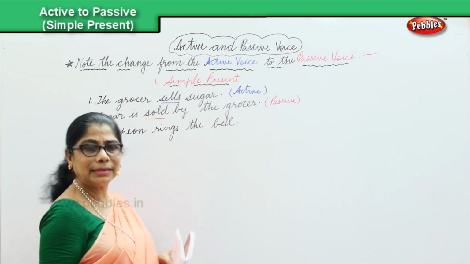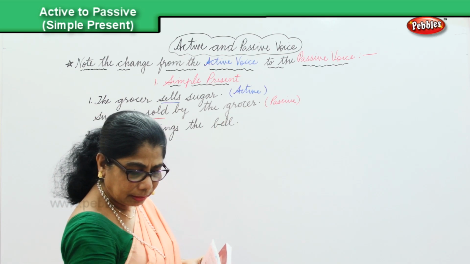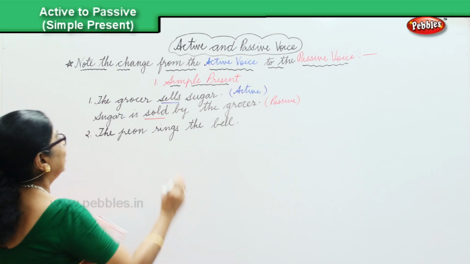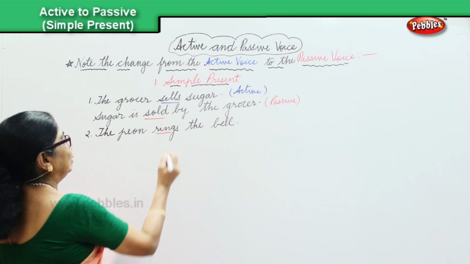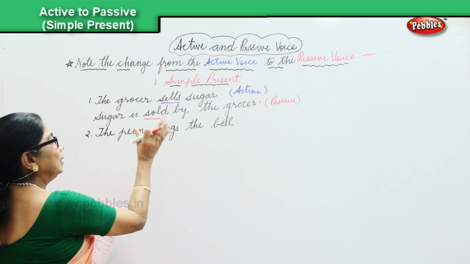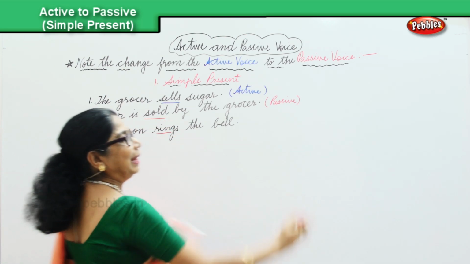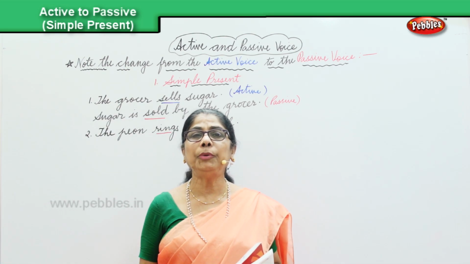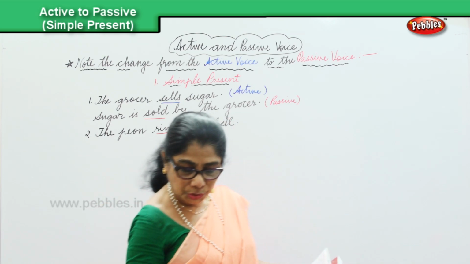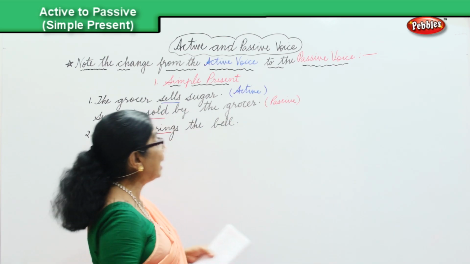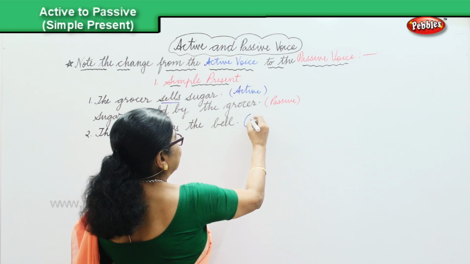Rings, that's the verb here. The peon rings the bell. Subject peon, the verb rings, and the bell is the object. The peon rings the bell, active. So the first one is active voice.